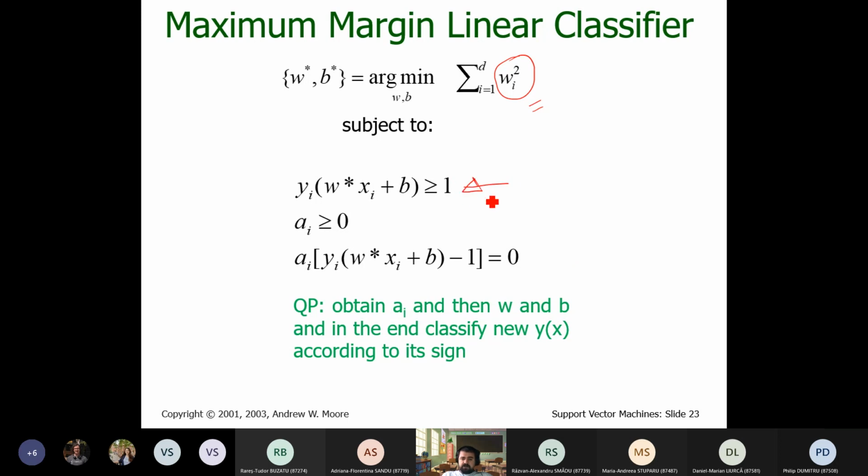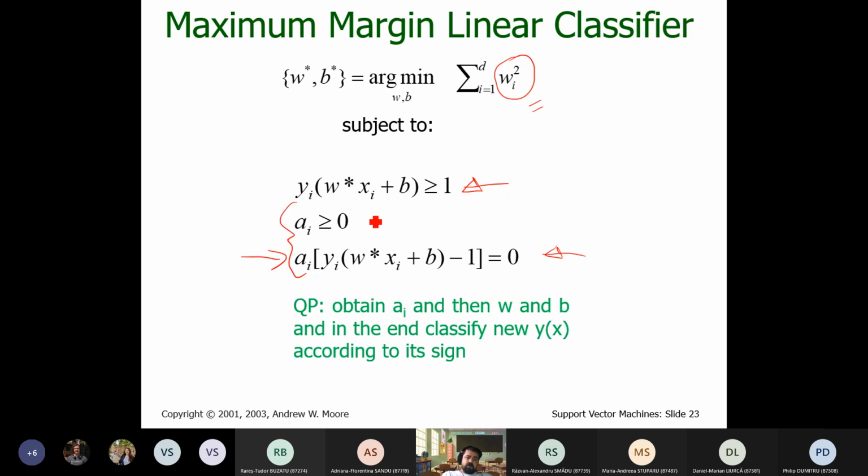We had already this one, but we also needed some equalities that we didn't have. And this is why we had to introduce the Lagrange multipliers to give me these equations: AI multiplied by WI multiplied by WXI plus B minus 1 to be set to 0. So we needed these equalities.